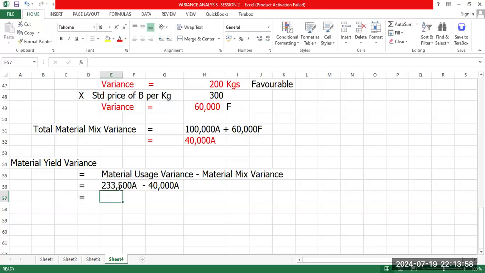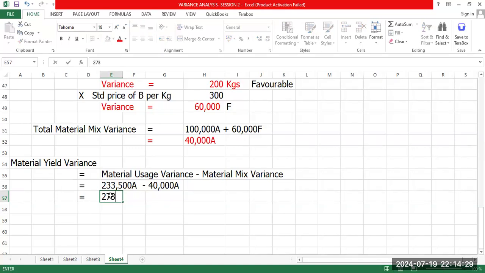On your calculator, if the figure is adverse, put it as if it is negative. So it is negative this minus this. What do you get? So in short, it is negative this plus 40, because minus is a positive. So what do you get? 273,500.